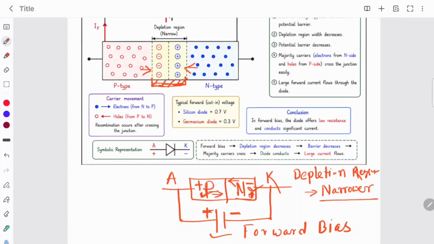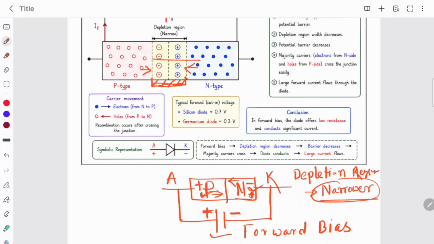Because the barrier is reduced, the depletion region becomes thinner. The majority carriers can now approach the junction more easily and cross it. Electrons from the N side receive sufficient energy to cross the junction towards the P side.